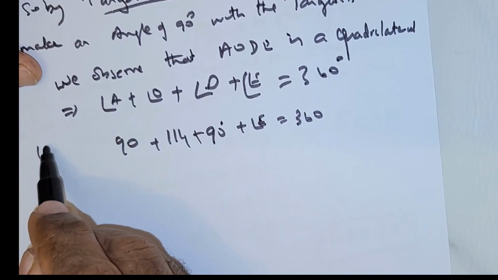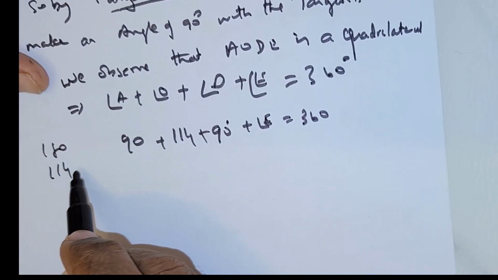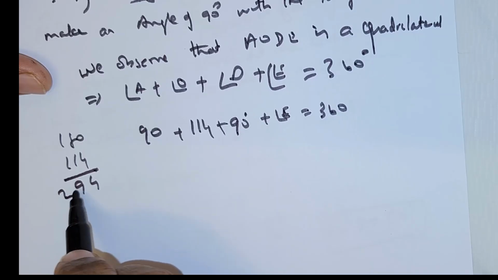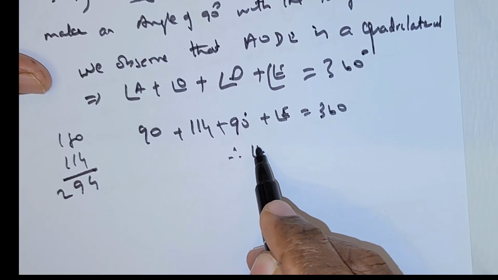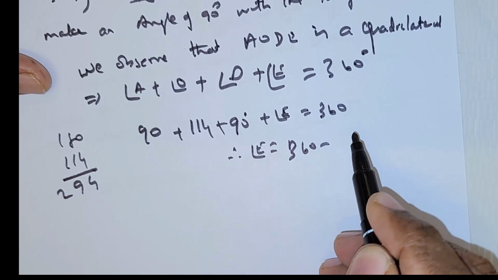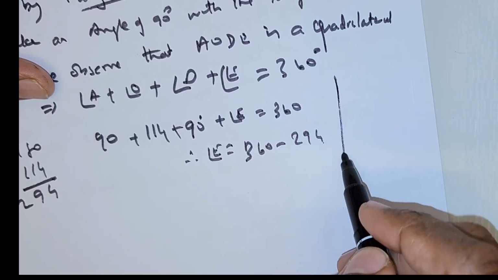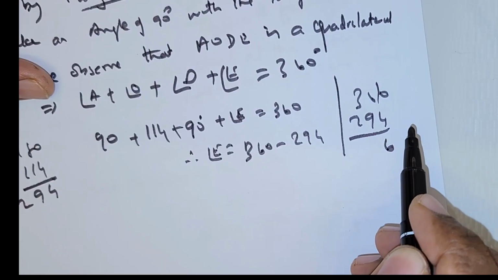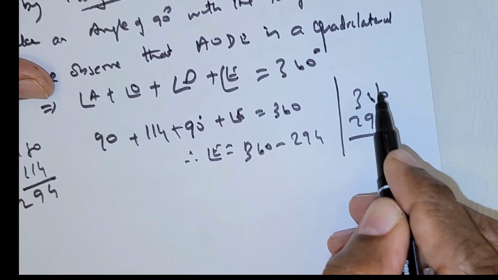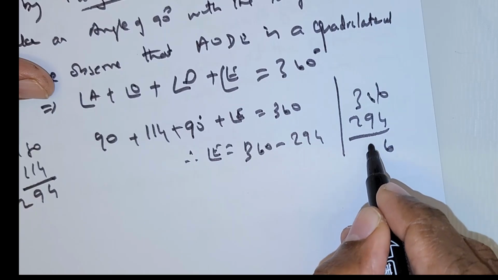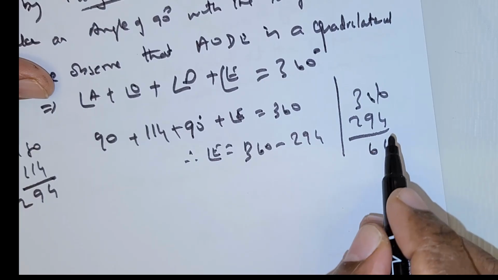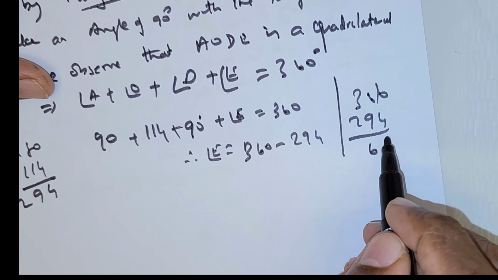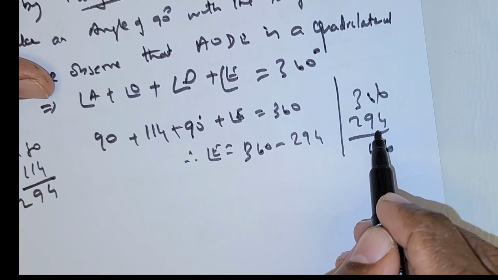So I add 90 plus 90, 180, plus 114, 294. Therefore angle E is 360 minus 294. From 360 you subtract 294, you get 66.